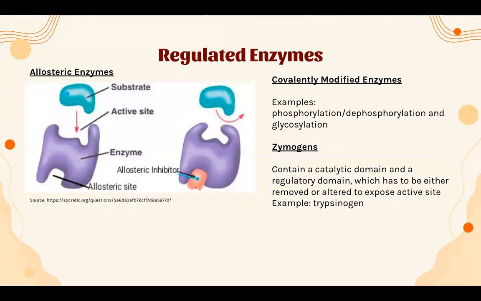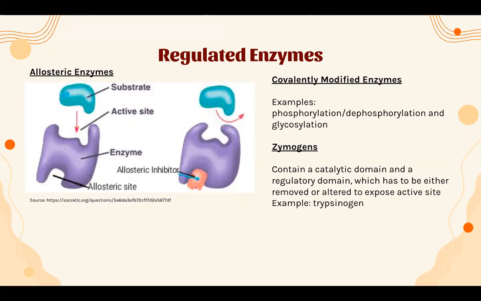Allosteric enzymes are enzymes that have at least one allosteric site in addition to their active site. And these allosteric sites serve the function of binding either allosteric activators or allosteric inhibitors.